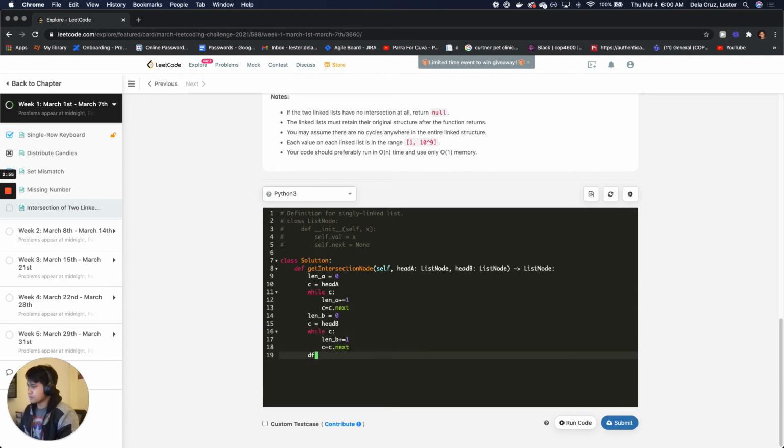Now we know the difference, so the difference is the length of A minus the length of B, probably in absolute value.